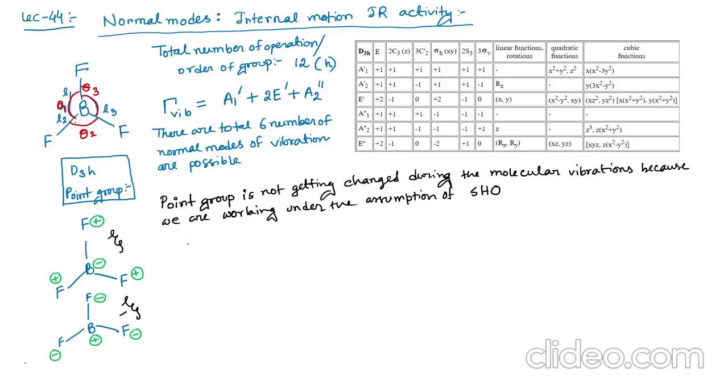Now we will see what change in the bond lengths is going to happen, with this character table. So I'll just write it here, D3h: E, 2C3, 3C2', sigma h (XY), 2S3 and 3 sigma v.